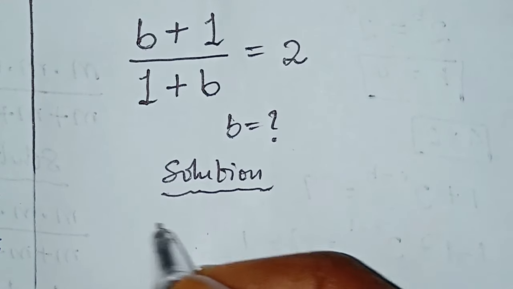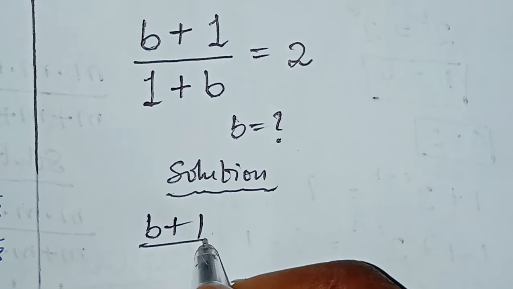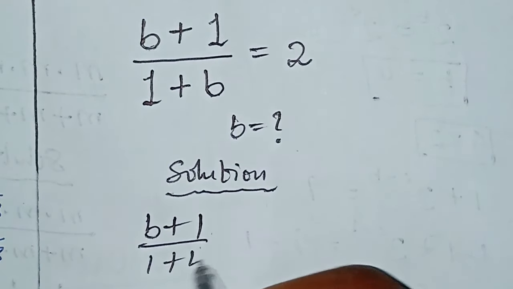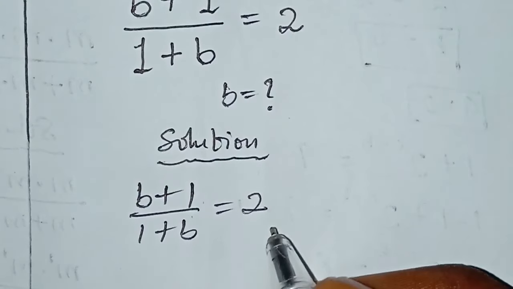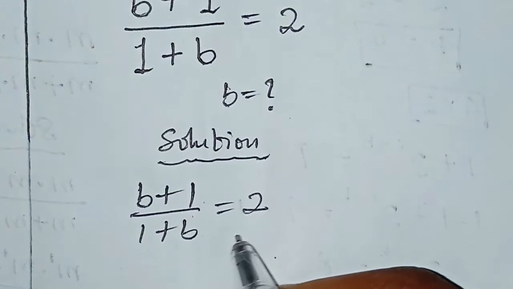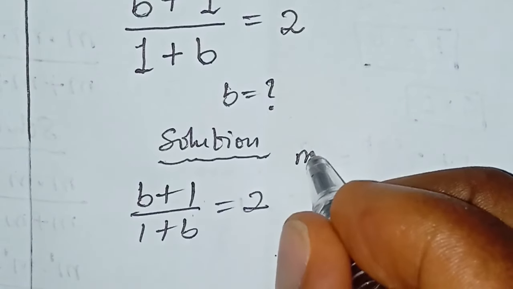From our solution, we have (b + 1) over (1 + b) equal to 2. So we are going to approach this with two methods.